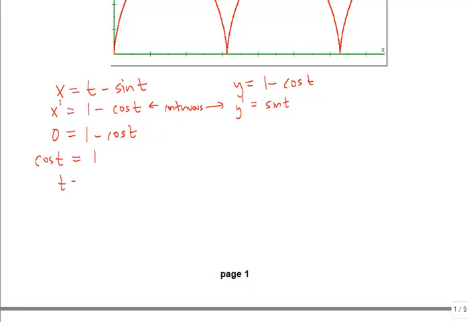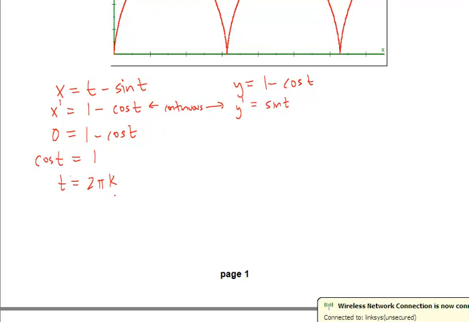Well, that's going to be at angles that are equal to 0 or 2 pi or any multiple of 2 pi. So we could write this more generally as 2 pi k, where k here is an integer: 0, 1, 2, 3, or negative 1, negative 2, negative 3, and so forth.